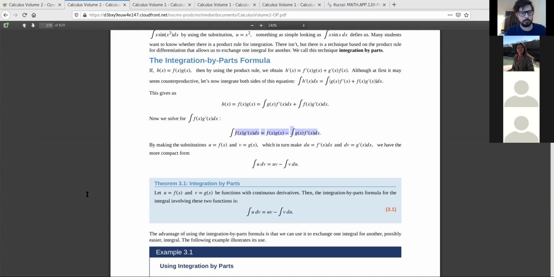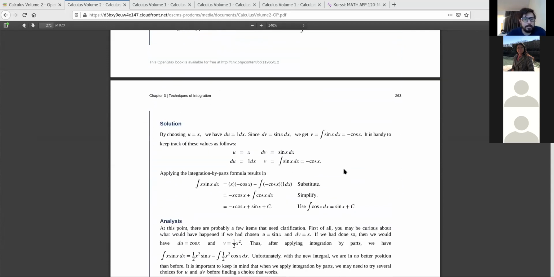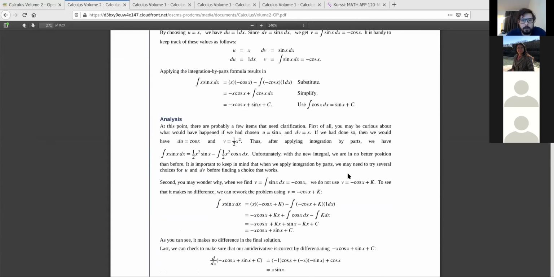It's 1 dx. So the latter part is easy because then we have the cosinus of x there. We have the integral here. Here it's really the integration by parts formula.